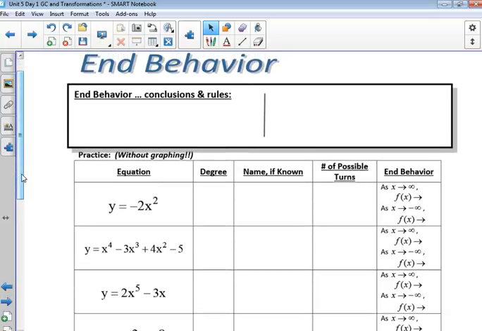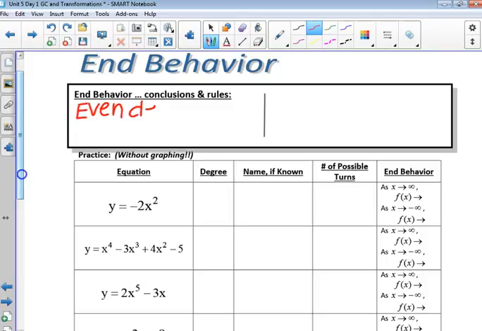Alright, so here is exactly what we just talked about for end behavior, the conclusions and rules that we just discussed. If it's an even degree, the end behavior is in the same direction.